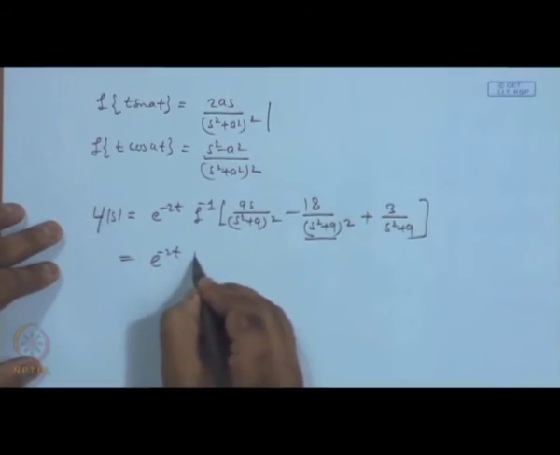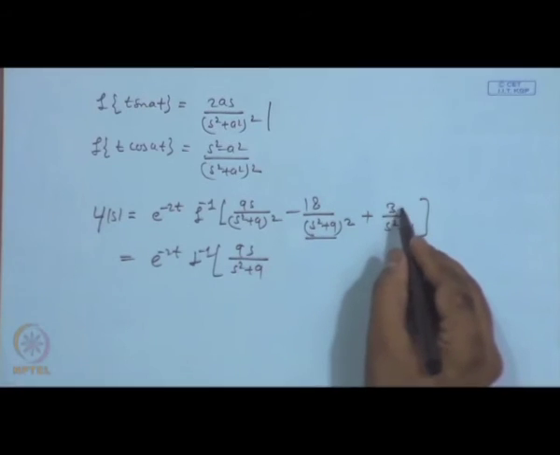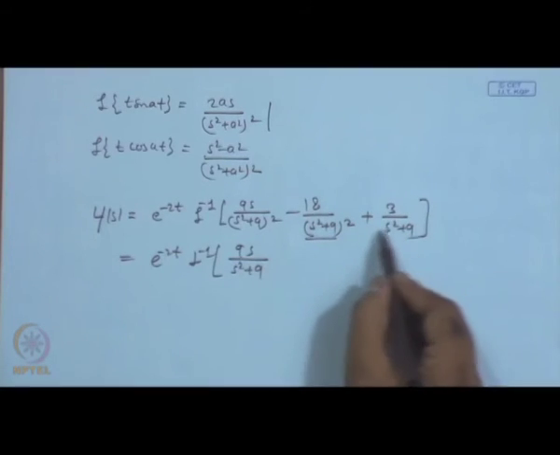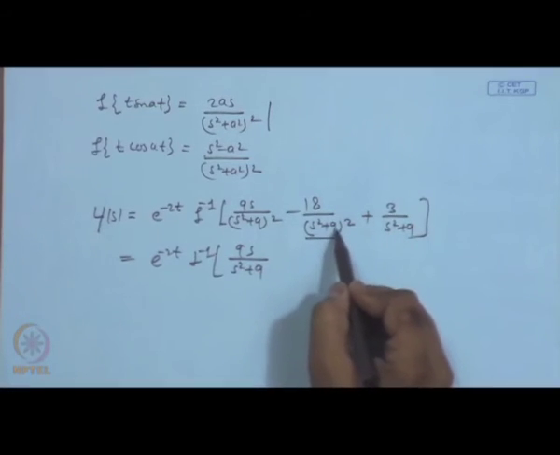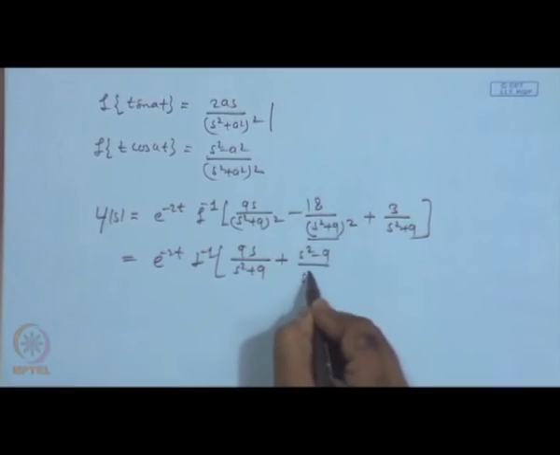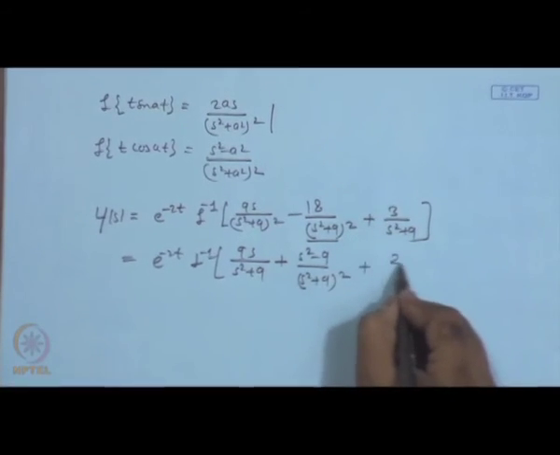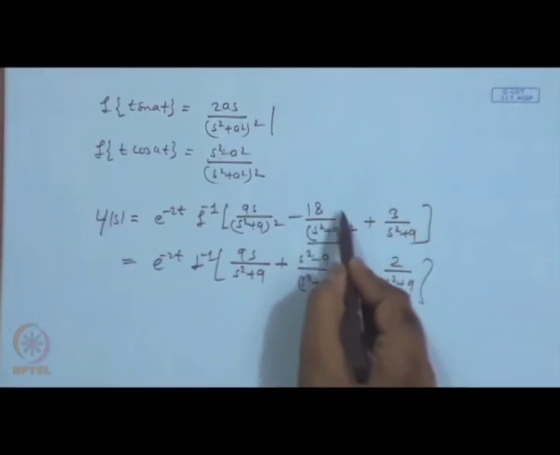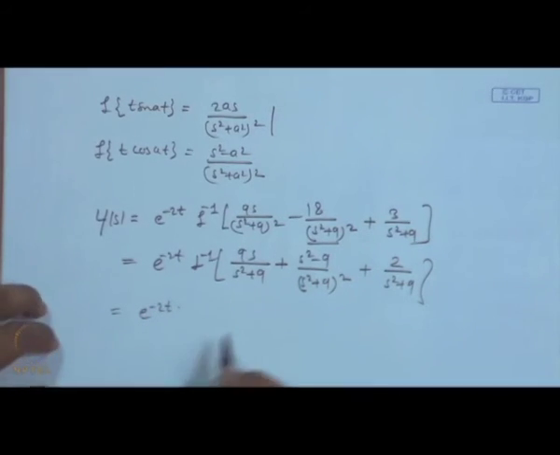So, in e^(−2t) we have the Laplace inverse, this 9s we will keep it, and this 3 we will take as 1 over s² + 9 and combine with this. 1 over s² + 9 will be (s² + 9) over (s² + 9)², so we will get simply s² − 9 over (s² + 9)², and plus this 2 over s² + 9, because 1 over s² + 9 we have combined with this term. So, we get e^(−2t) and the Laplace inverse of this is easy now.